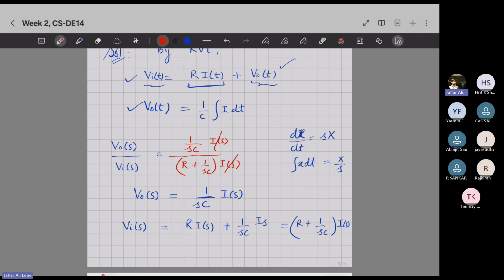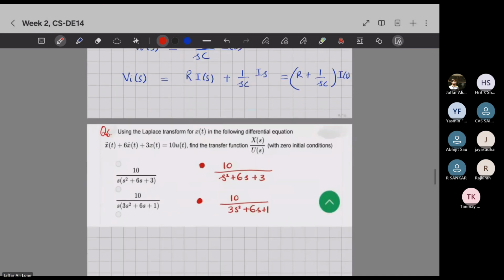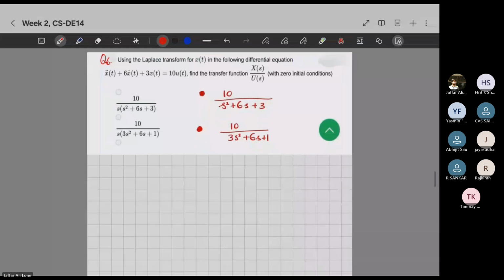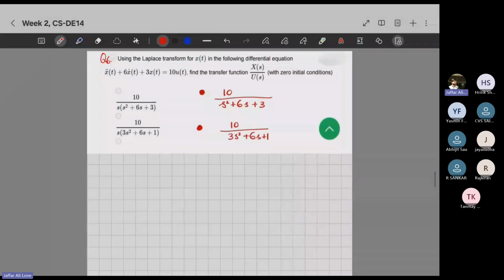So there are different ways to solve this. This is one of the ways. This is a very simple question. Everybody should be able to solve this, because this is what we have been doing. We had a circuit, we needed to find this equation first, then find the Laplace transform and get the solution.